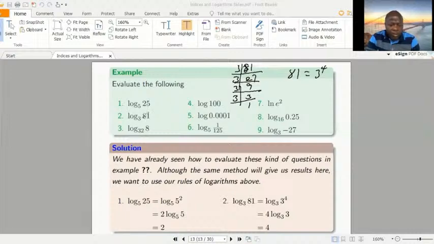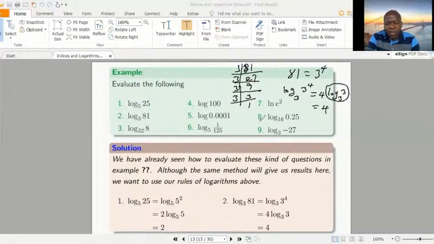But what I want is the log of 81 to base 3. But 81 is 3 raised to 4, so this 4 can be written before the log, and I have log of 3 to base 3, which is 1. So 1 times 4, the answer is 4.